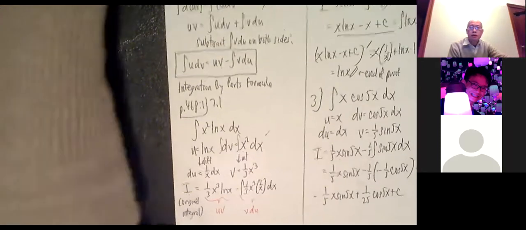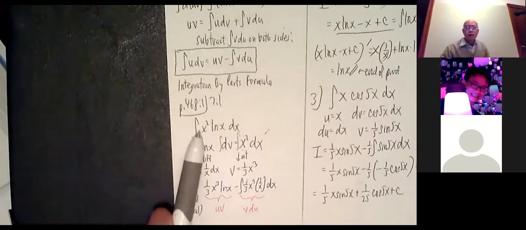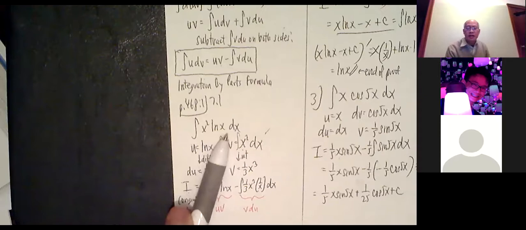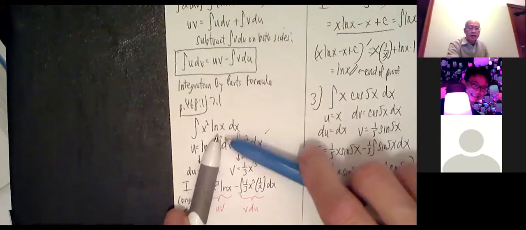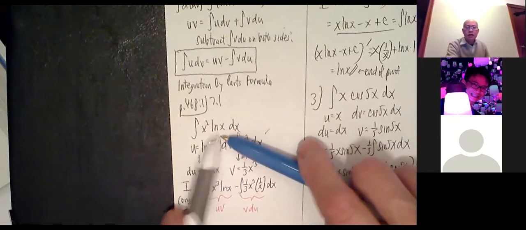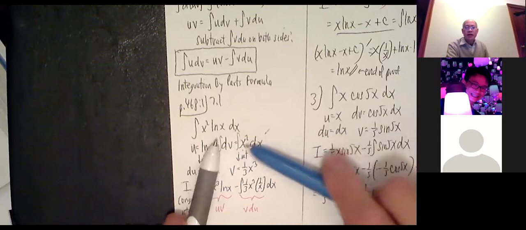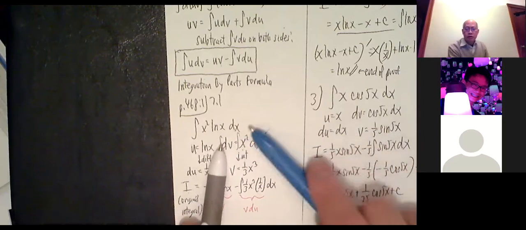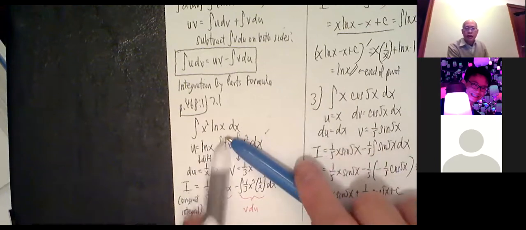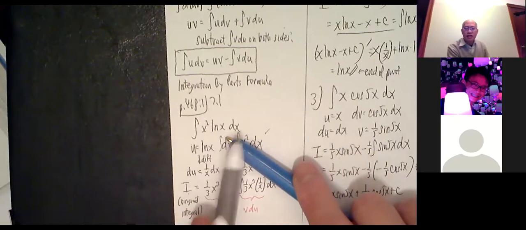Okay, so number 1, the integral of x squared ln x dx. Suppose I said, let u be ln x, dv is x squared dx. If you temporarily ignore all this, I say u equals natural log of x, dv is x squared dx.